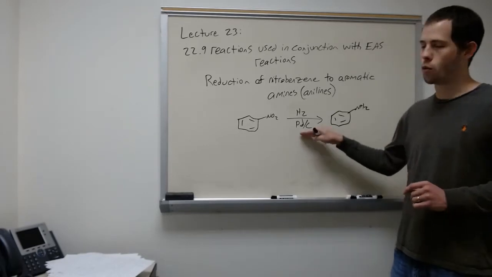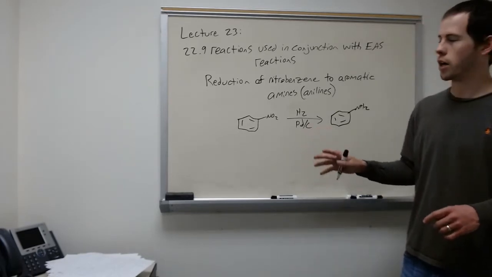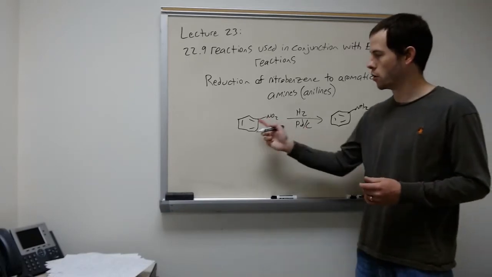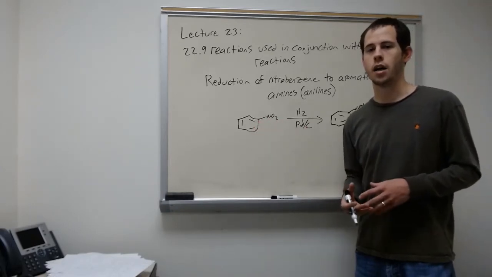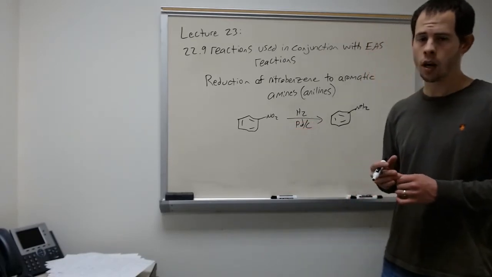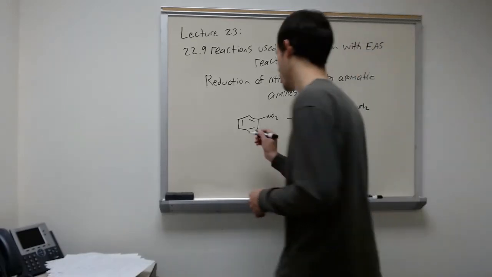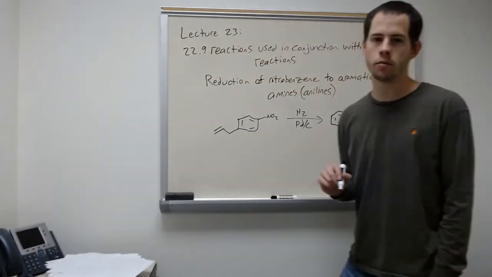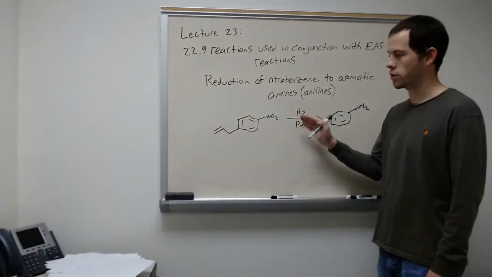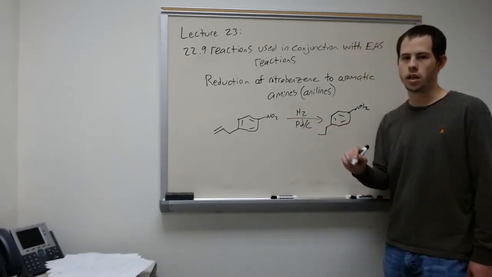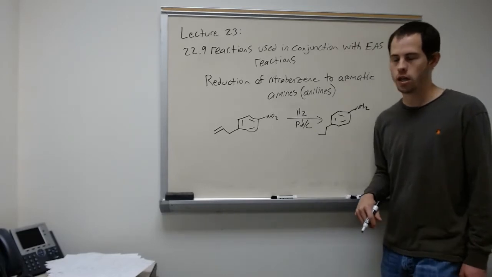Remember, these are the same conditions that reduce alkynes to alkanes and alkenes to alkanes. And so you would not want to use this reaction if we had some type of alkene in the other part of our molecule. Remember, benzene rings don't act like alkenes, and so this is not going to hydrogenate it. But if we had some other alkene in our molecule, say we had something like this, we would not want to use these conditions because it would give us the alkane from the alkene.